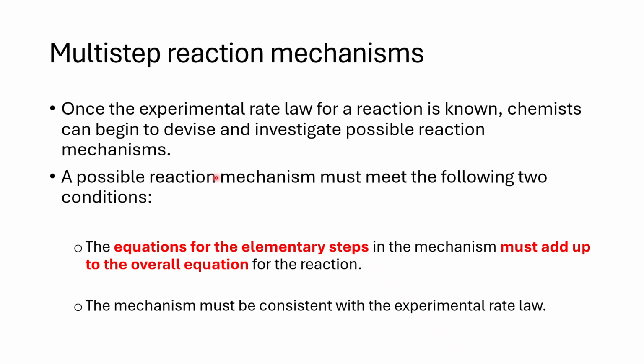A possible reaction mechanism must meet the following two conditions. Number one, the equations for the elementary steps in the mechanism must add up to the overall equation for the reaction. Second, the mechanism must be consistent with the experimental rate law.